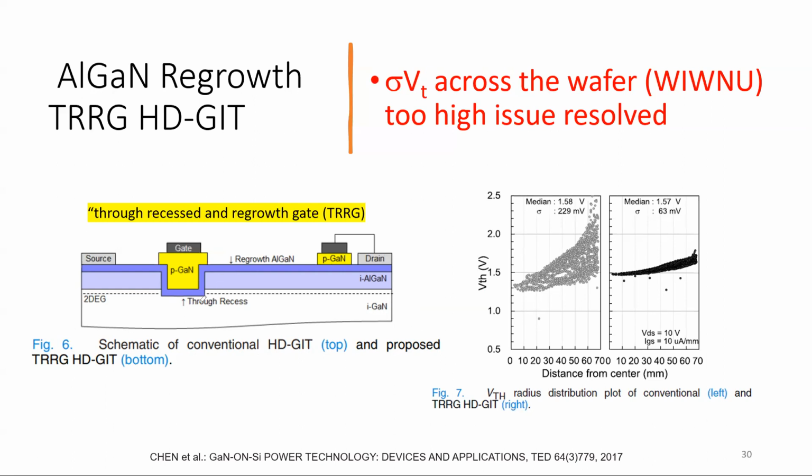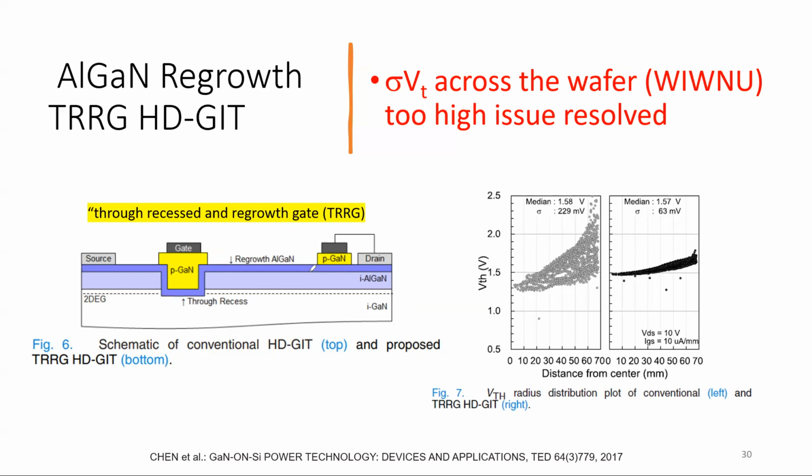So what they did is they formed a new layer. They said, okay, before you deposit the p-GaN, let's make this layer a regrowth, TRG, through-recess regrowth layer. Once you recess it, to cure the damage from the edge, they did another epi. That is, wow, costly, right? Which means another process.